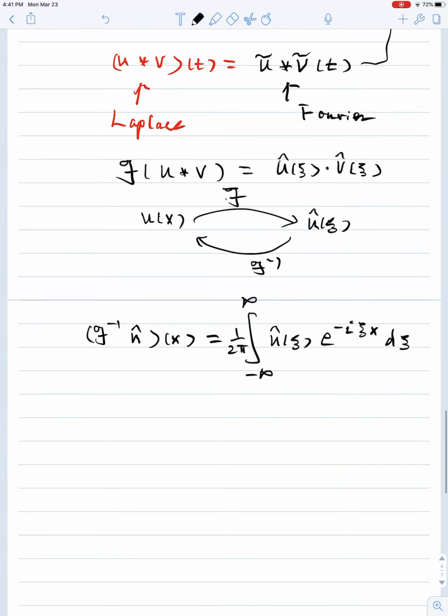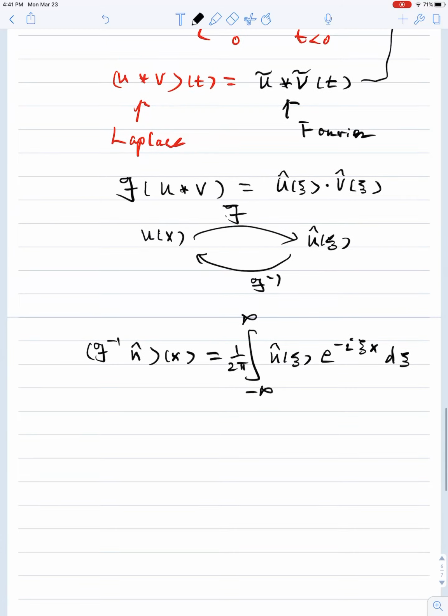So that is the inverse Fourier transform. It's kind of like the inverse Laplace transform that maps the Fourier transform back to the original function.